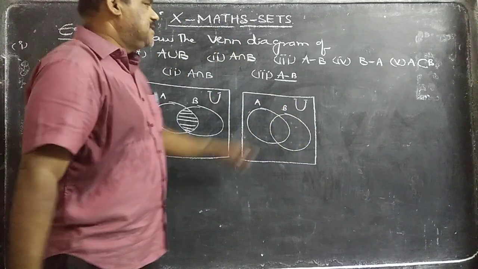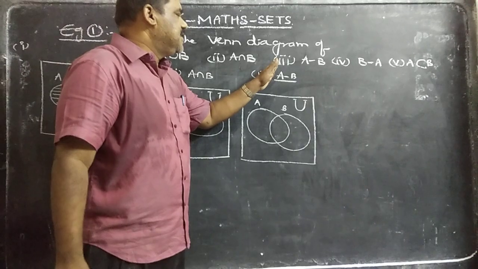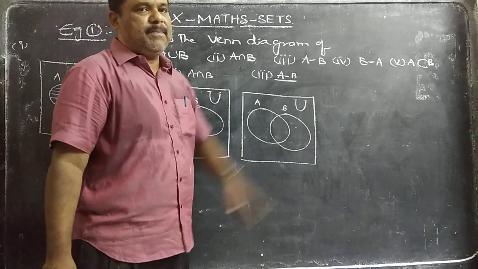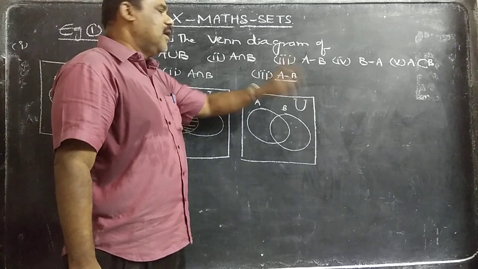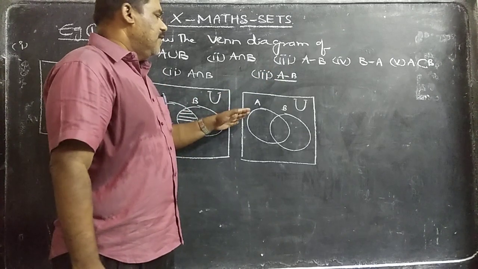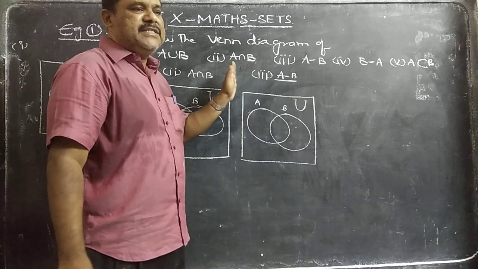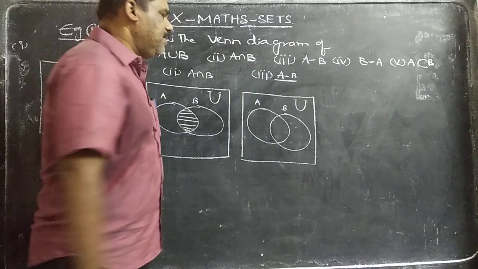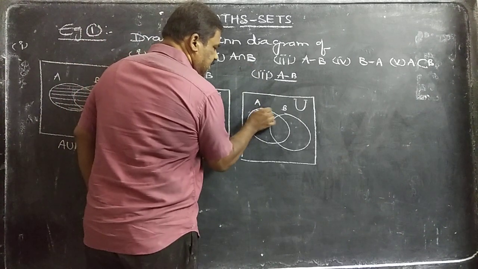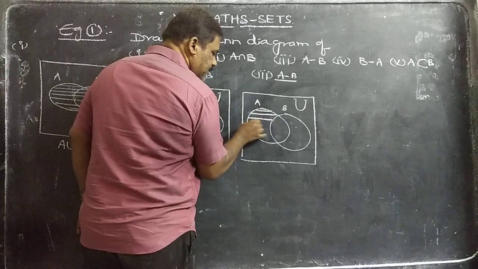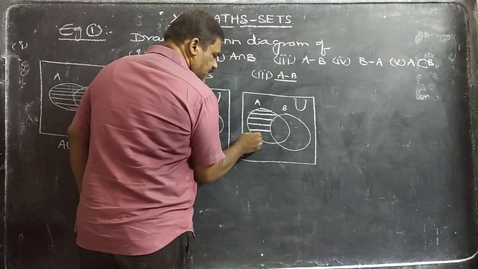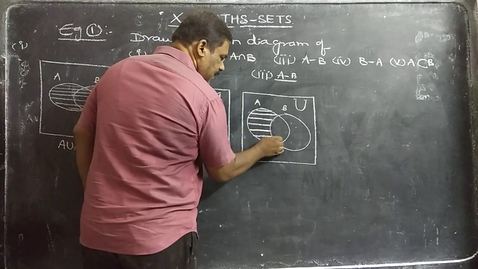A minus B is defined as the elements which are in A but not in B. What is A minus B? The elements which are in A but not in B. Now we have to shade the region which is in A but not in B. So we should shade that region. It should be in A but it should not be in B. So this is the place which is representing A minus B.